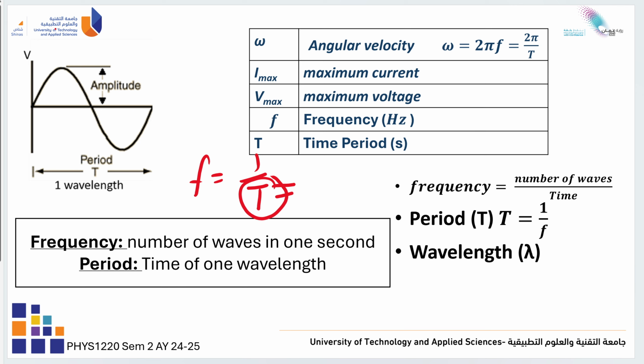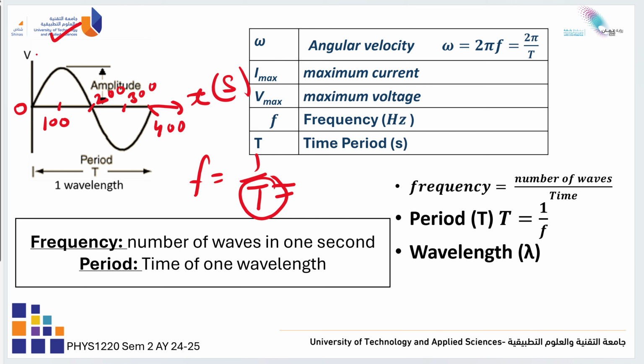You can see in this diagram, this is a sine wave. For example, if I take the time here as 0 second, then 100 second, 200 second, 300 second, and 400 second, in the unit of second.